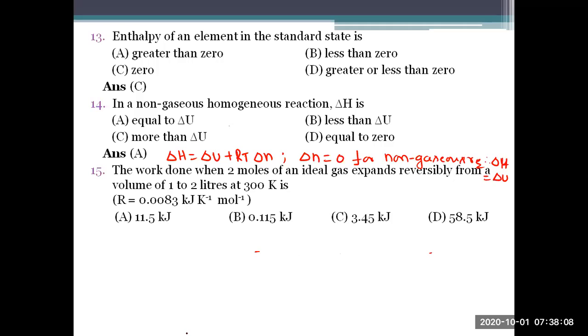So what kind of reaction is this? 2 moles of an ideal gas expands reversibly from a volume of 1 liter. 3.45, answer? How much? Option C, 3.45. Okay.